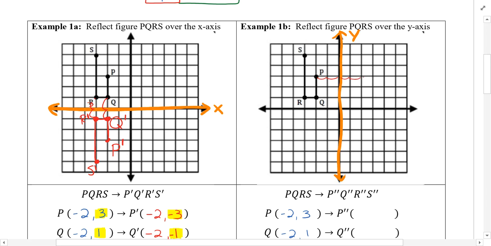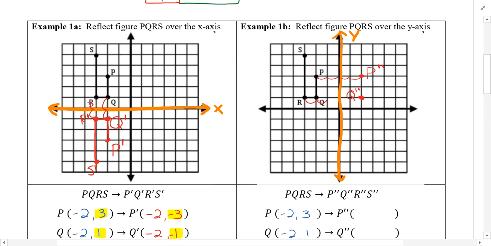So if I go 2 to the right, I get my image of P. And here I'm going to do a double prime because it's technically my second image of PQRS, because in example 1A, I had my first image. So this is now the second image, so I'm going to be using double tick marks. Q is 2 to the left, so the image of Q would be 2 to the right. And that is Q double prime.